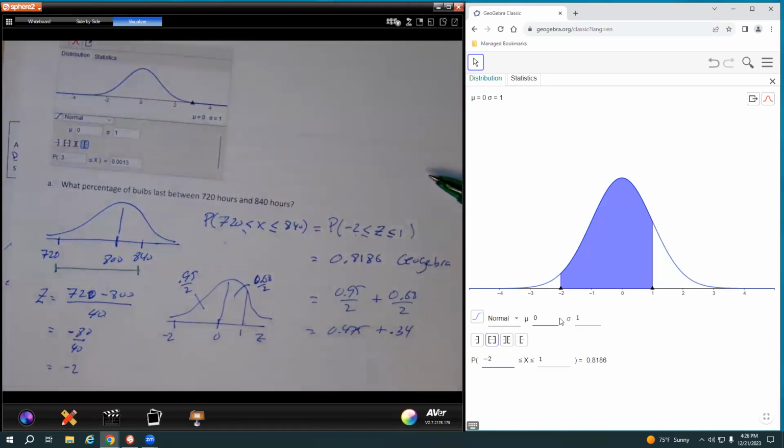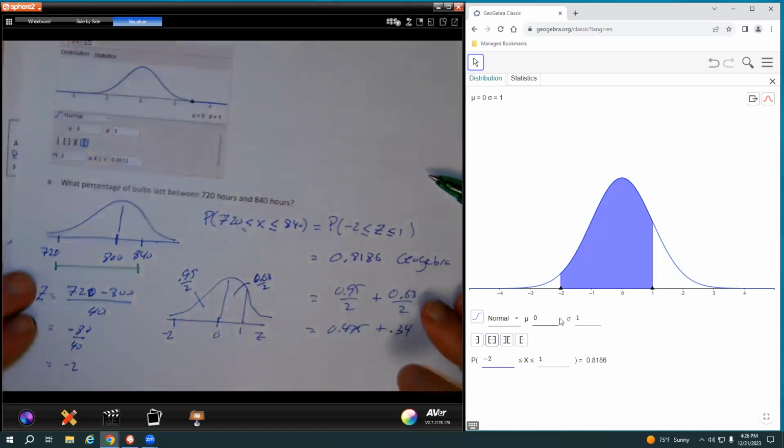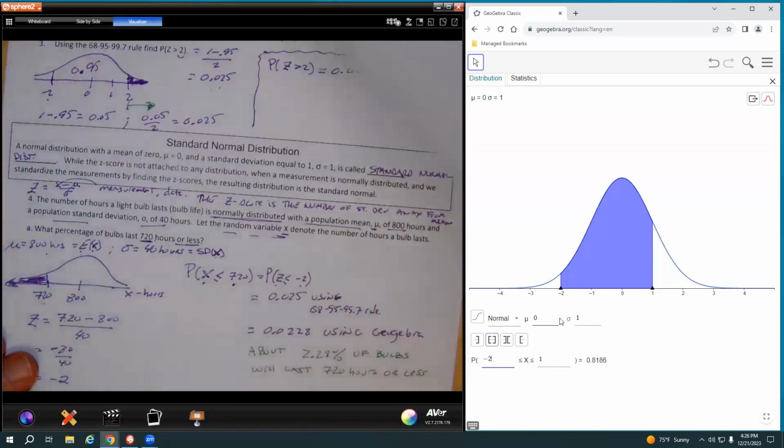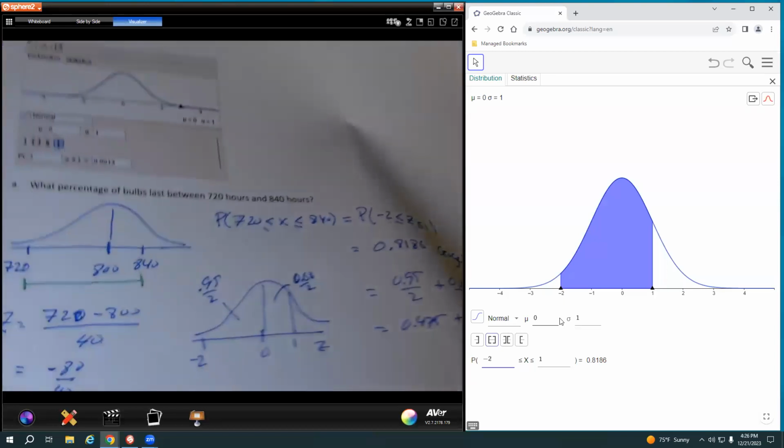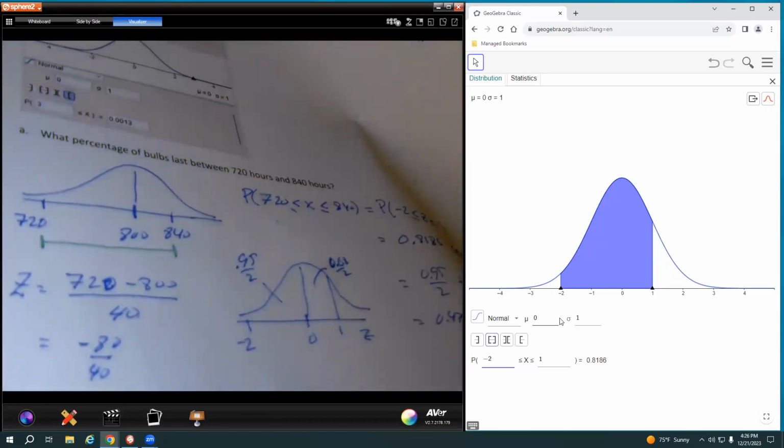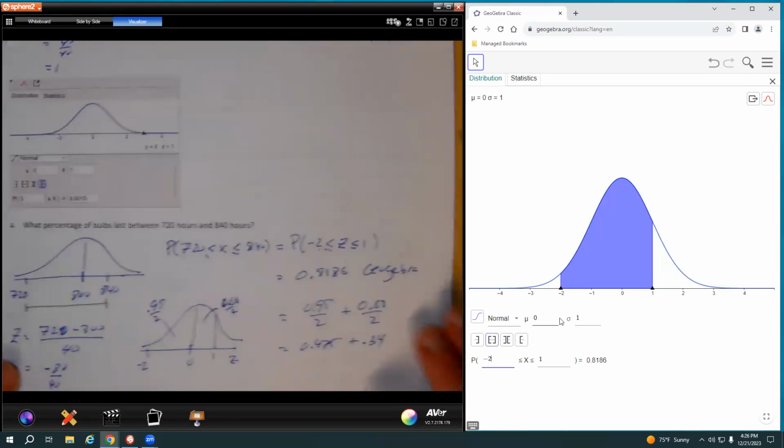Add those up and you get something that's, in fact, we calculated this a second ago. Yeah, 0.815.